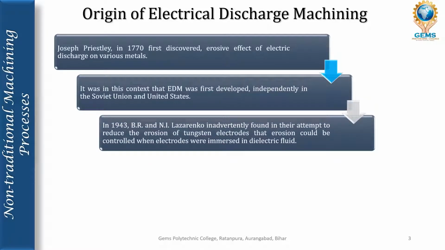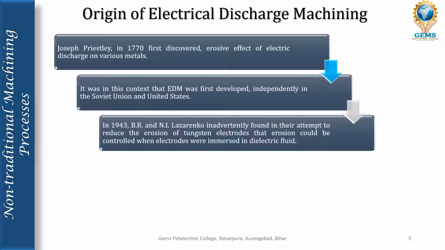Later on, in 1943, B.R. and N.I. Lazarenko inadvertently found, in their attempt to reduce the erosion of tungsten electrodes, that erosion could be controlled when electrodes were immersed in dielectric fluid.